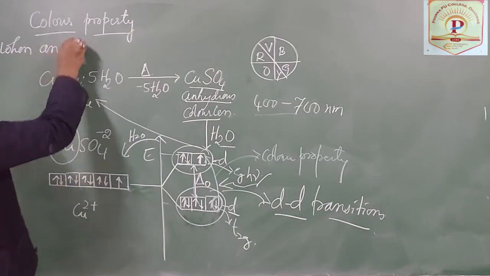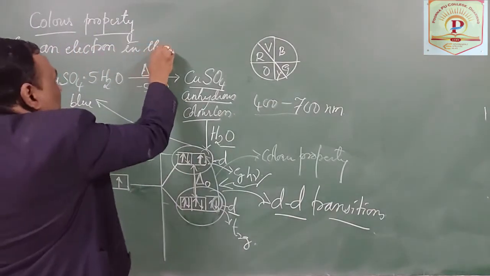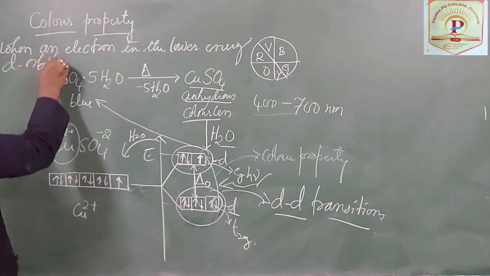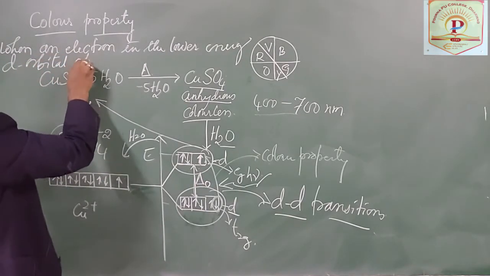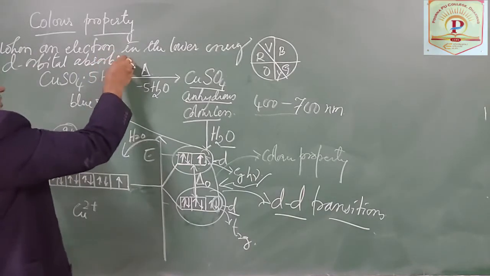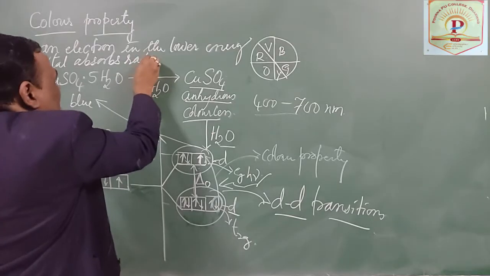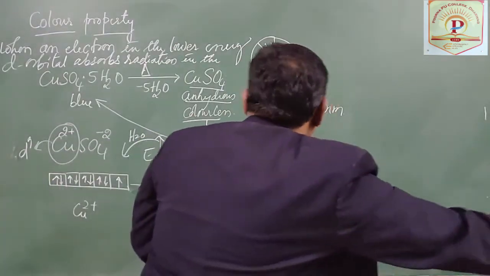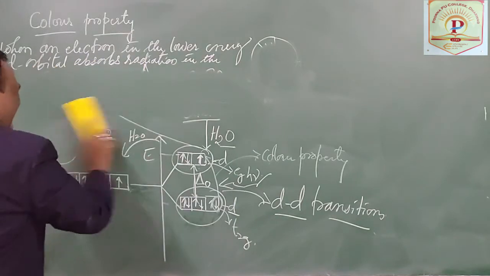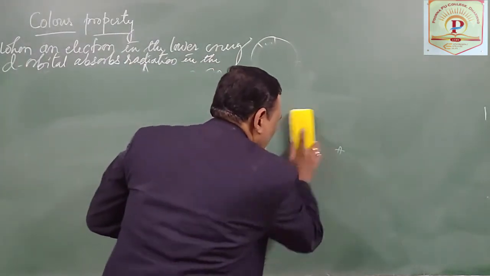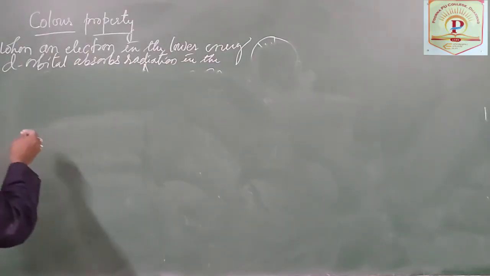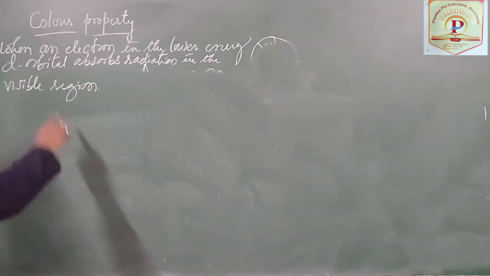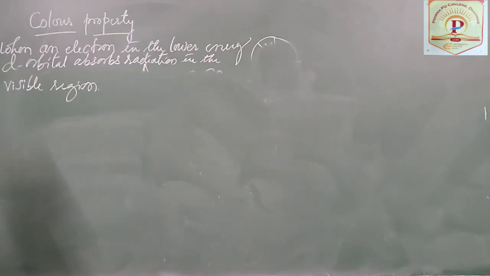So the color property arises due to the DD transition when an electron in the lower energy d orbital absorbs radiation in the visible region.